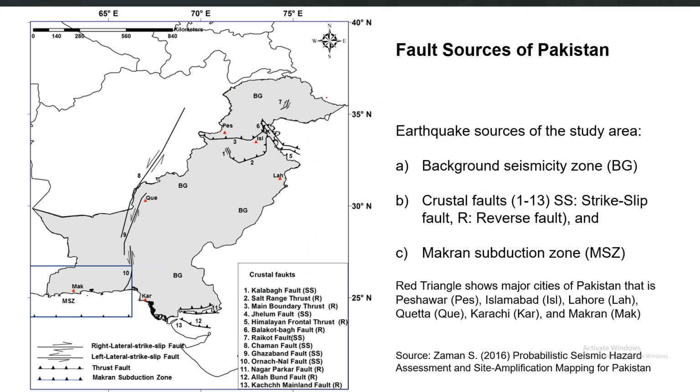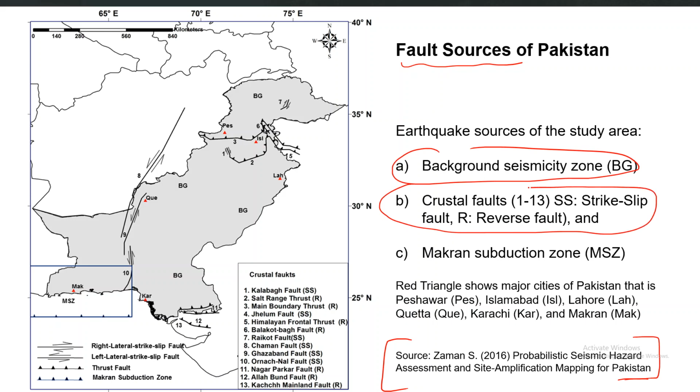Apart from area source zones, we can also model explicitly the fault sources. For example, I give you this example of a study in which the probabilistic seismic hazard assessment of Pakistan was conducted, and besides the background seismicity or the source zones, the crustal faults were also explicitly included in the analysis.